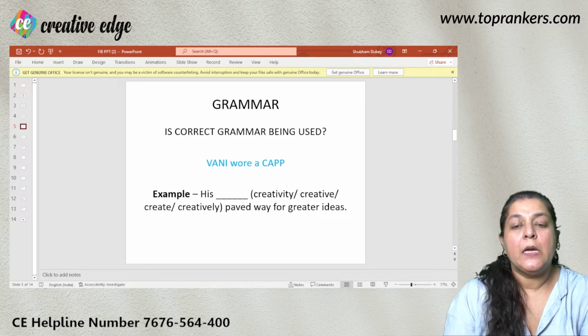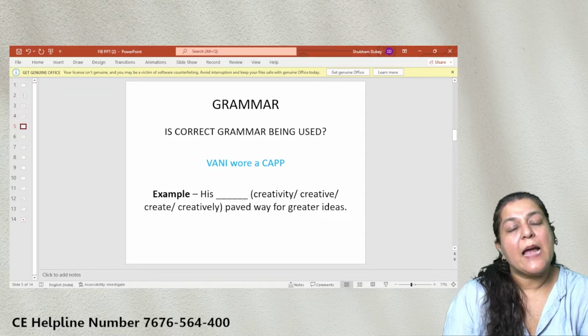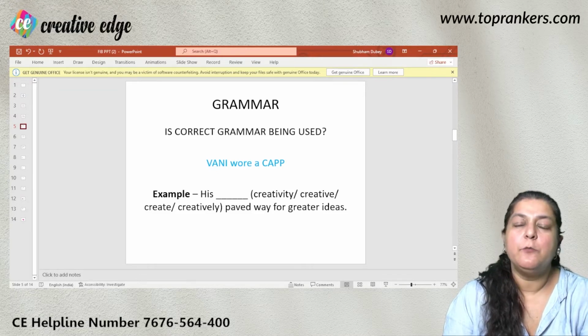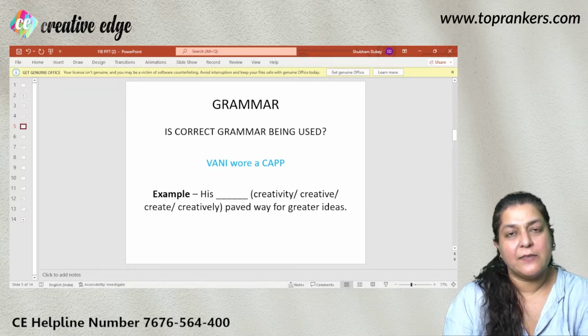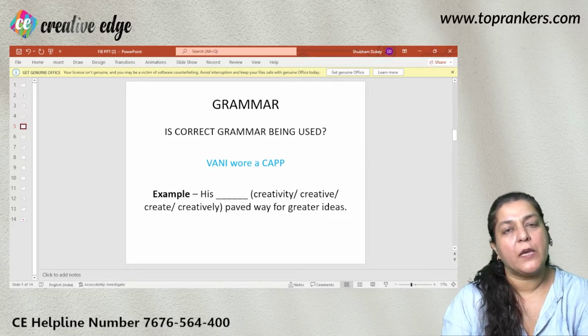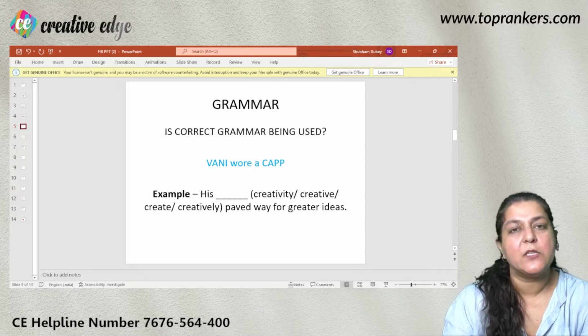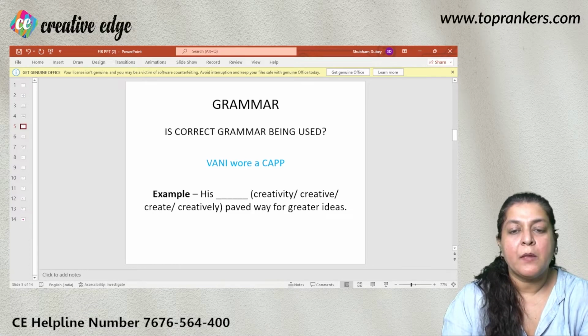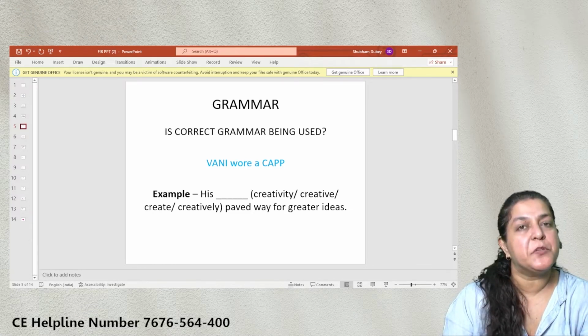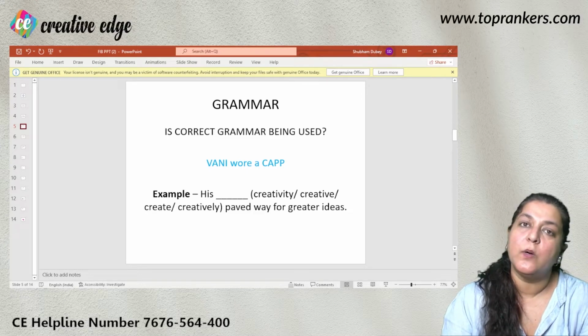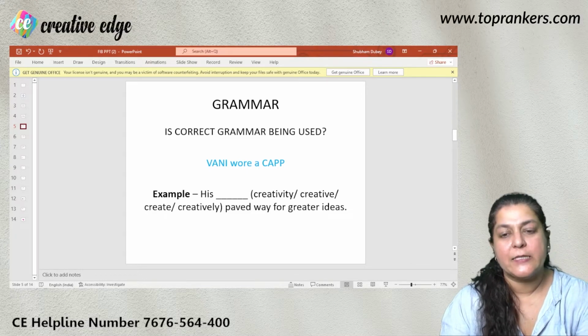Let's see the other words. Adverb: something added on to the verb would be an adverb. For instance, he is walking. Walking how? Slowly. So slowly is your adverb. The next one is preposition. It shows the position of the object, like over, under, above, below, and things like that.